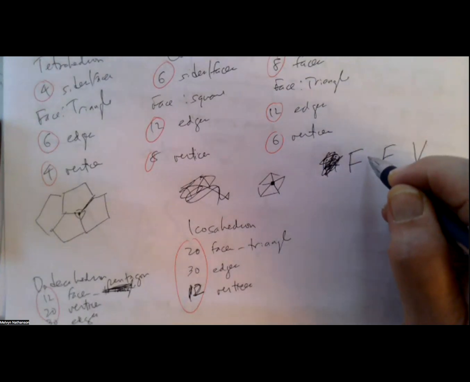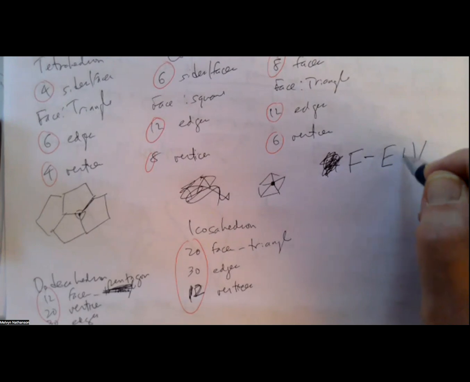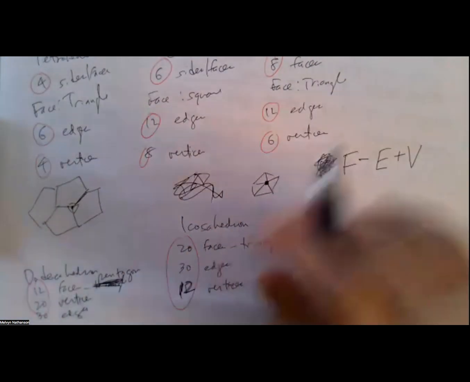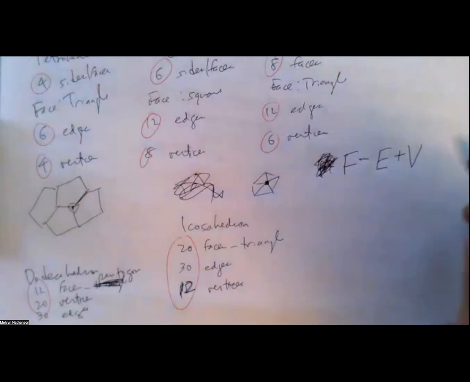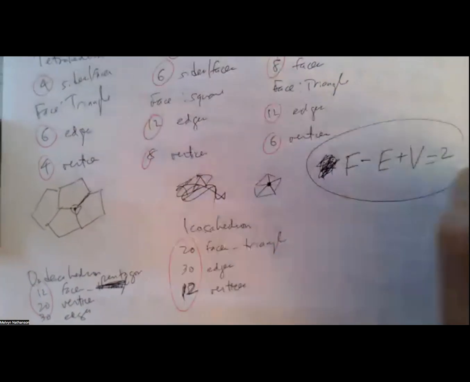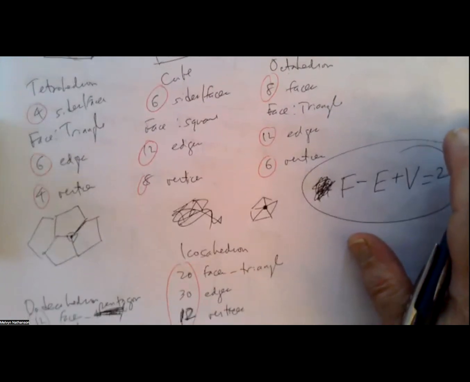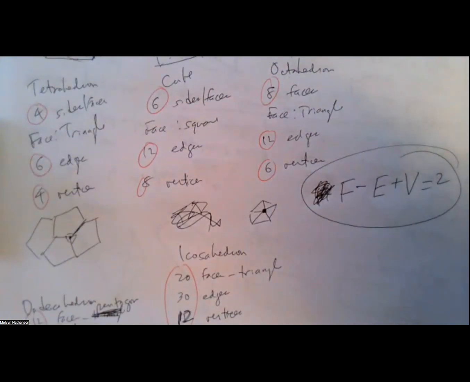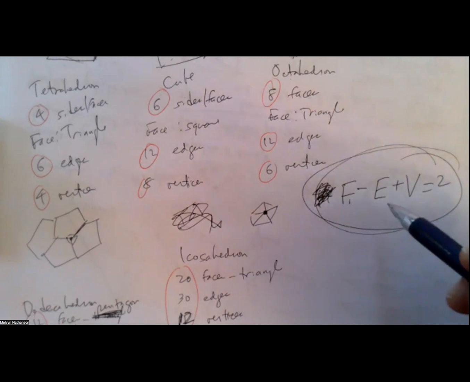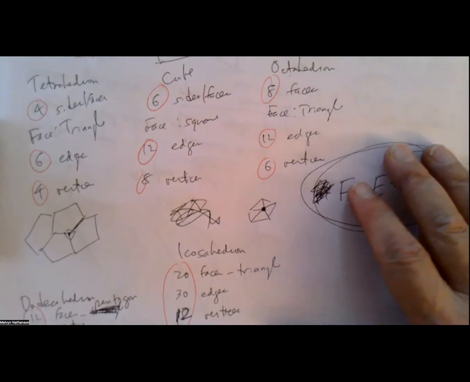The number of faces minus the number of edges plus the number of vertices in all of these figures equals 2. That is a very important geometrical observation. Faces minus edges plus vertices equal 2. And if you study more geometry, then you learn why this is the case.